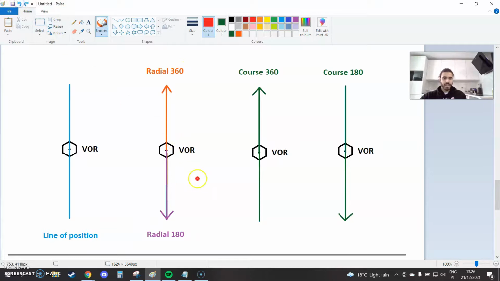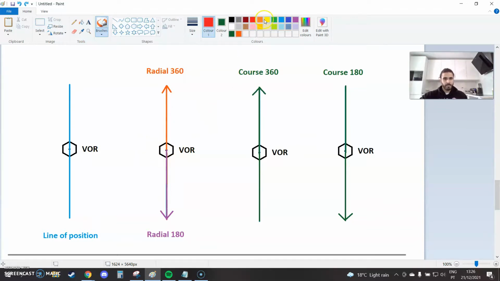And a course is the track that we follow to maintain a certain line of position. So in this line of position, if I'm going north, I'm on course 360. If on this line of position I'm going south, I am on course 180.